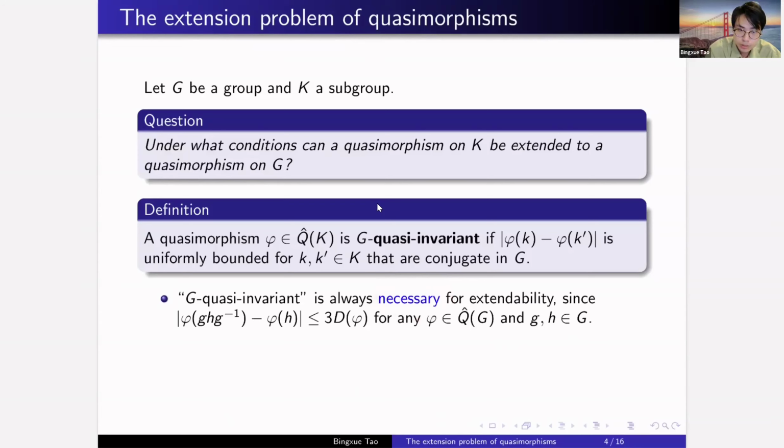By the definition of quasimorphisms, you can estimate that you have this inequality. First you can decompose this. Here we use the defect inequality twice, and then we use it once more to get this inequality.